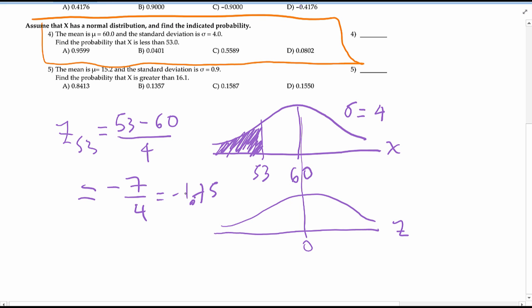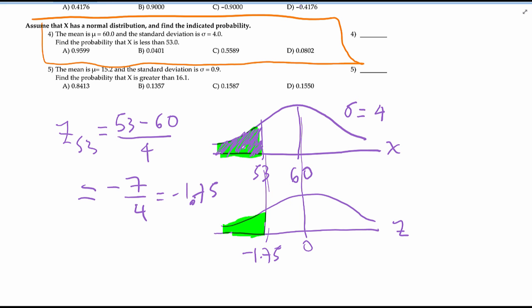All right, so now to find that area, I go to the negative table, to the z value of negative 1.75, because once we standardize 53 to negative 1.75, the area in the standard normal distribution that corresponds to a z-score of negative 1.75 is the same as the area of this normal distribution with this mean and this standard deviation.